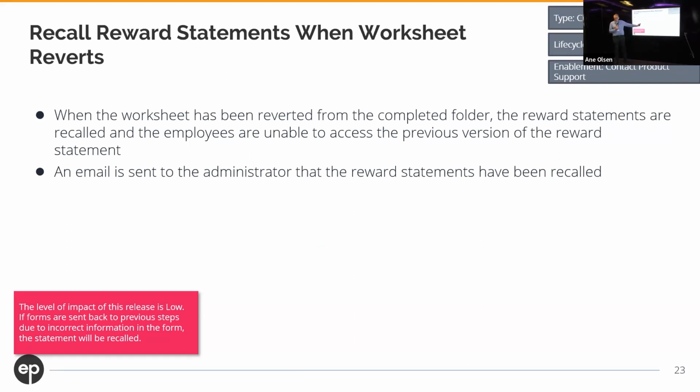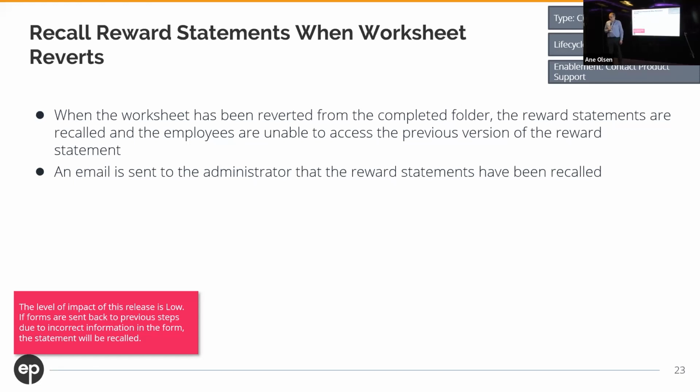This one, I do sincerely love, even though, again, it's marked as low. I don't know whether any of you have been in a situation where you had to recall or change something on a form that has been completed, where you have generated statements, and it could be 5 employees, 10, 50, whatever number.